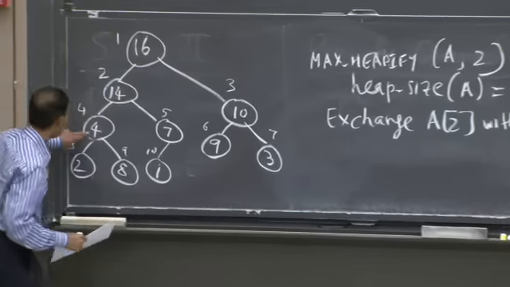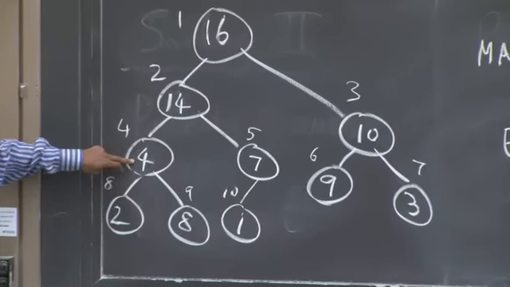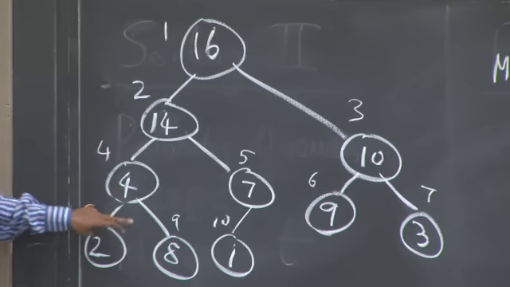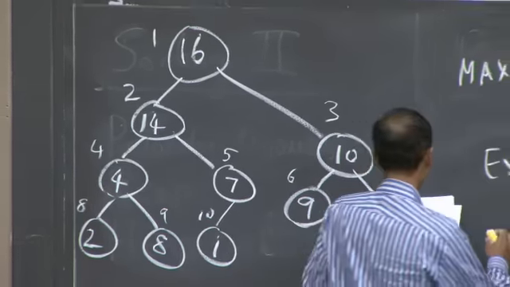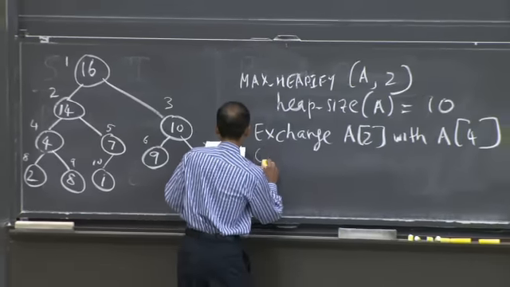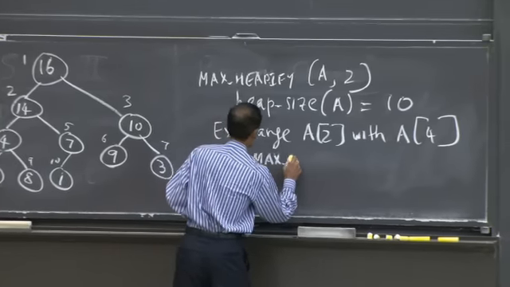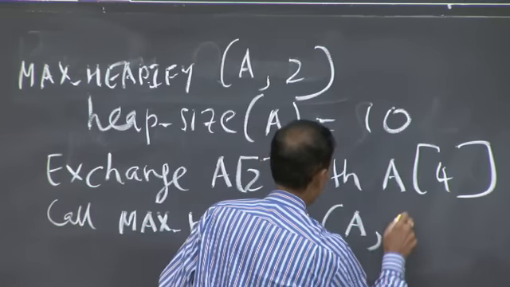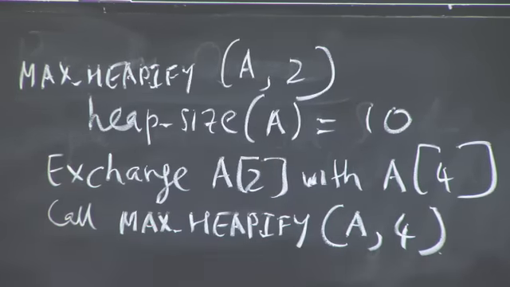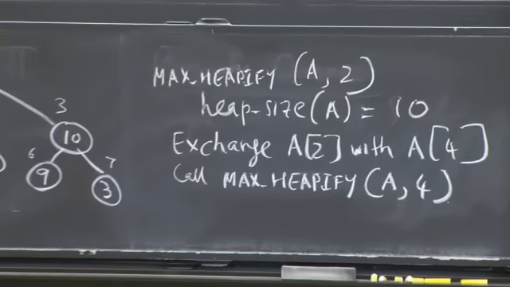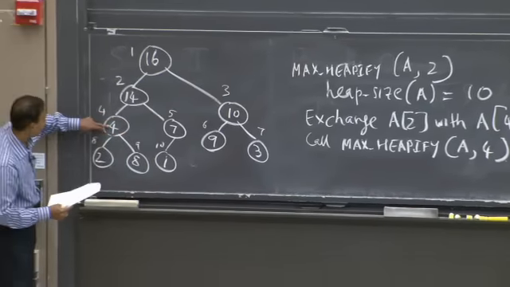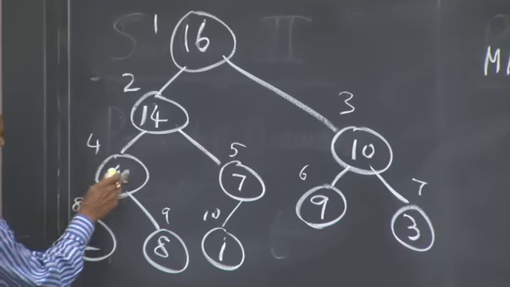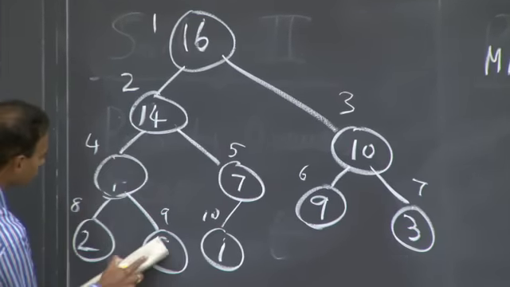And then when you get to this point recursively, you'd realize that the max heap property at this level is violated. And so you would go ahead and call Max-heapify A, 4. When that call happens, you're going to look at the two children corresponding to this little subtree, and you're going to do the exchange.